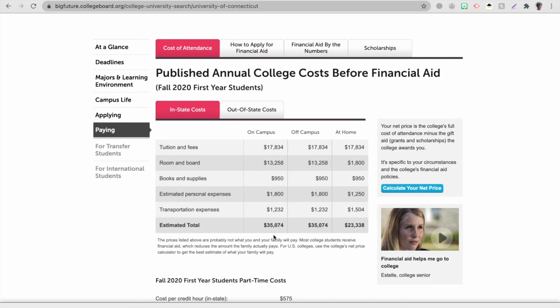The other thing you need to look at is the on-campus, off-campus, at-home. So if you're looking at a school that's near New Haven, you might be able to do the at-home price if you don't plan to live at the school. Someone like UConn, that's over an hour away, you're probably going to have to live on campus so that you're not driving so far every day, and you'd have a different price. So whichever price you think meets your requirement is what you would write down for your research.